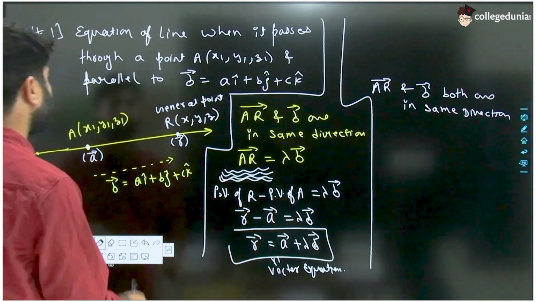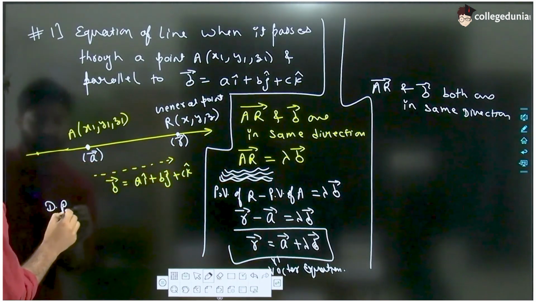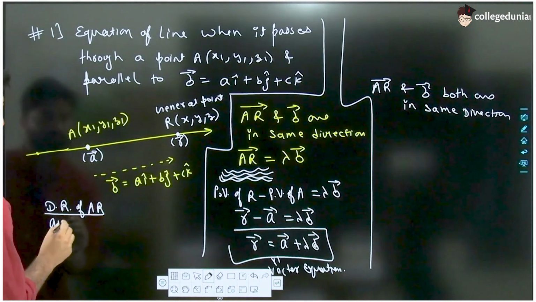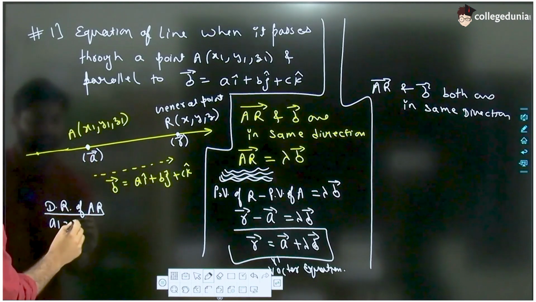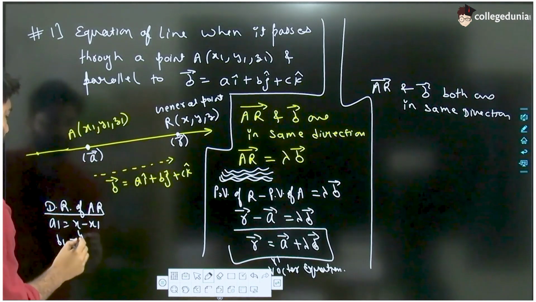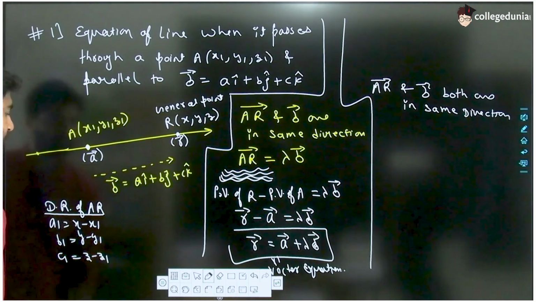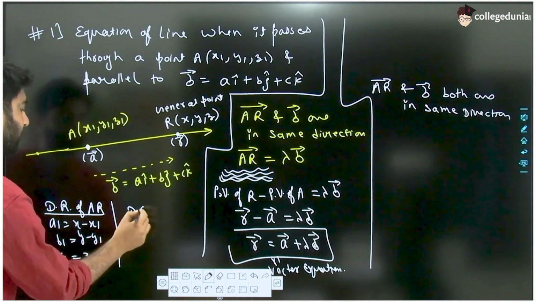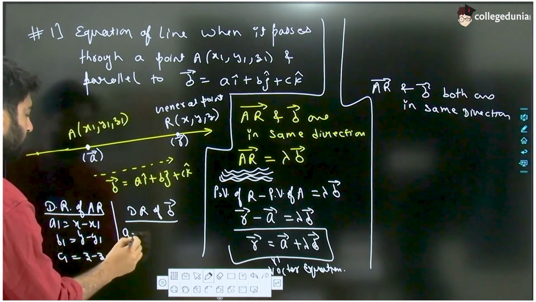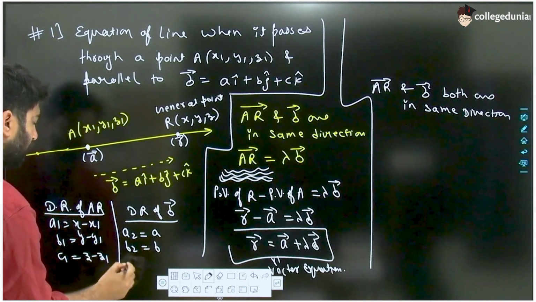So the direction ratios of AR will be x minus x1, y minus y1, and z minus z1. And what are the direction ratios of the B vector? Direction ratios of the B vector: a, b, and c.